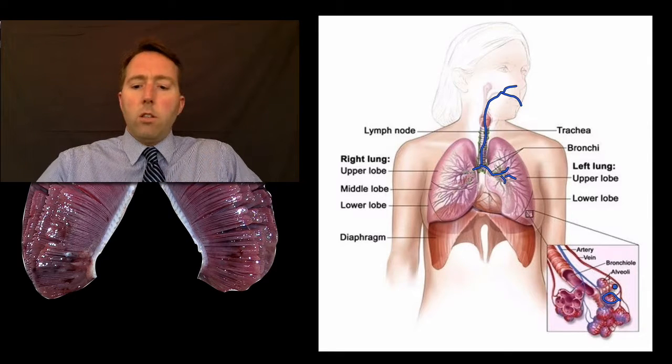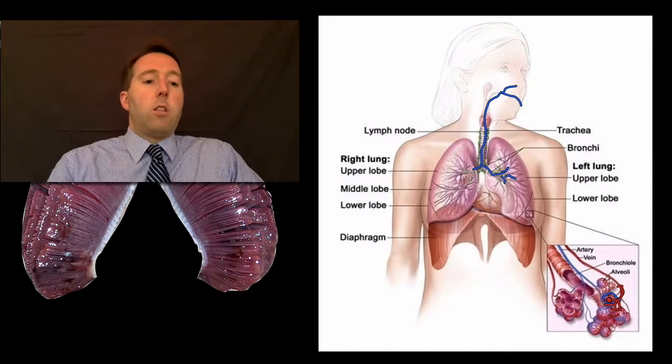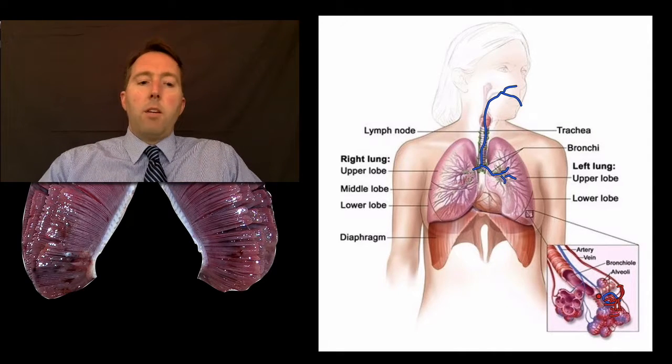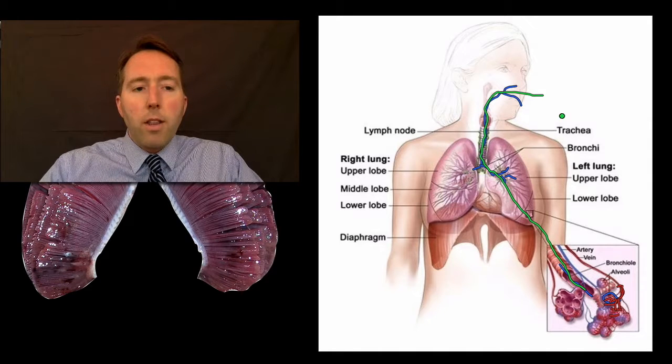Lots and lots of blood is flowing past and around these alveoli at all times. So it's bringing carbon dioxide rich blood to the alveoli. The carbon dioxide goes into the alveoli, the oxygen goes into the bloodstream. Oxygen is then taken around the body in the blood, and the carbon dioxide zips back up the bronchioles, back up the bronchi, back up the trachea, and you breathe out carbon dioxide.